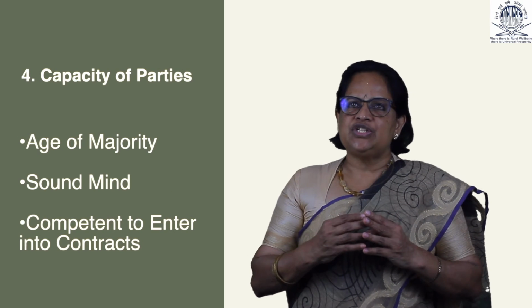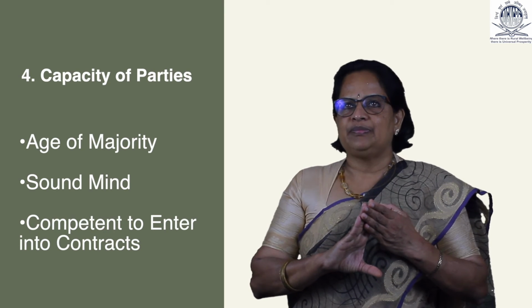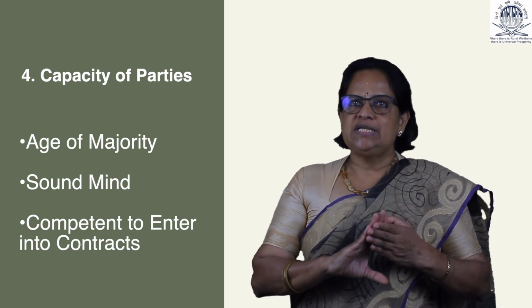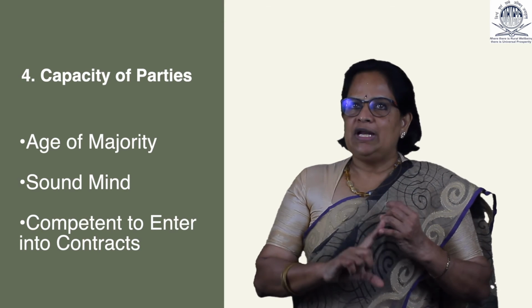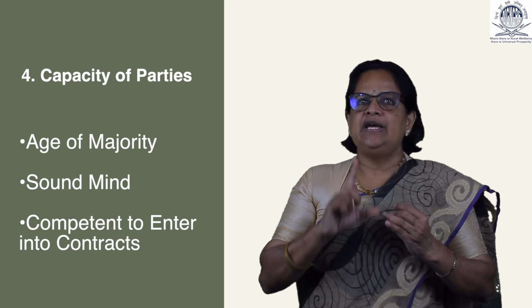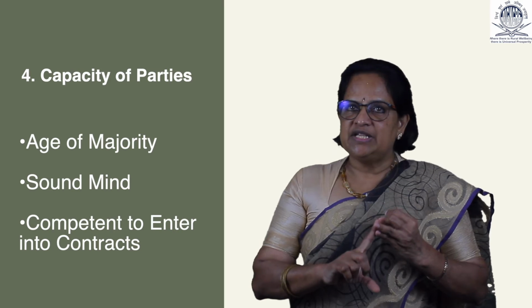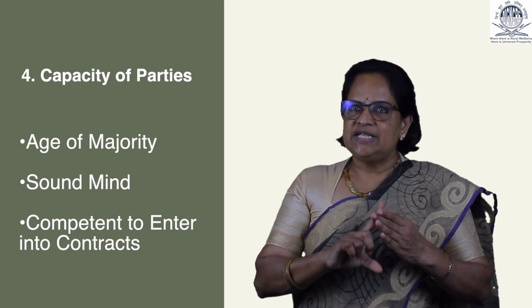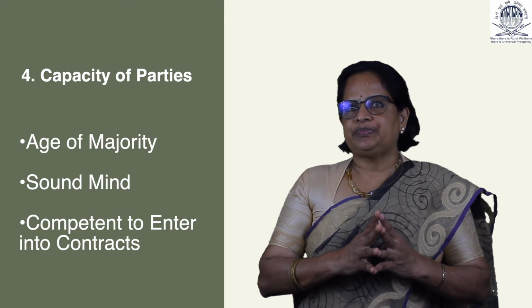Fourth essential condition is the capacity of the parties to enter into a contract. We all know that a contract entered into by a minor is not valid. Similarly, a person undergoing psychiatric treatment, drug addicts, alcoholics, etc. are not eligible to enter into contracts.